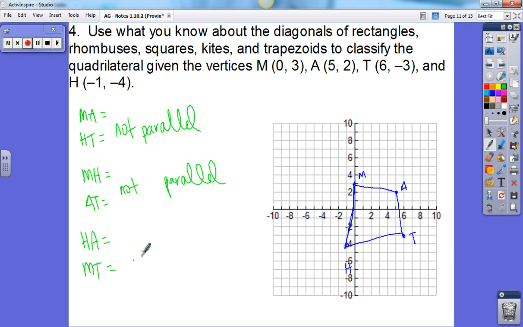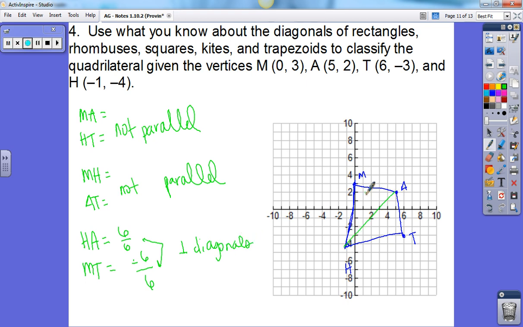So negative 6 over 6. And HA, I've got a rise of 1, 2, 3, 4, 5, 6, and a run of 1, 2, 3, 4, 5, 6. So positive 6 over 6. So these are opposite reciprocals. So that means we do have perpendicular diagonals.